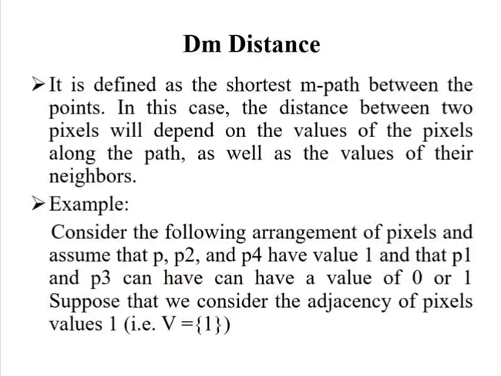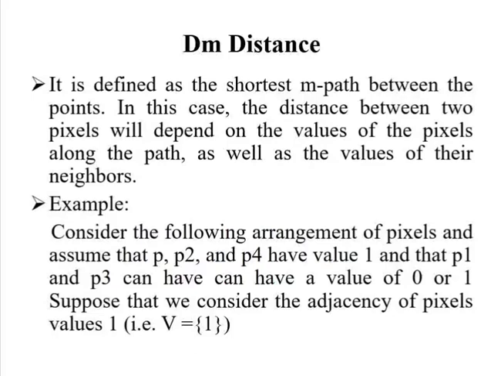Then the next case is case 2. If P1 is equal to 1 and P3 is equal to 0, now P1 and P2 will no longer be adjacent. See the m-adjacency definition. Then the length of the shortest path will be 3, that is P, P1, P2, P4.